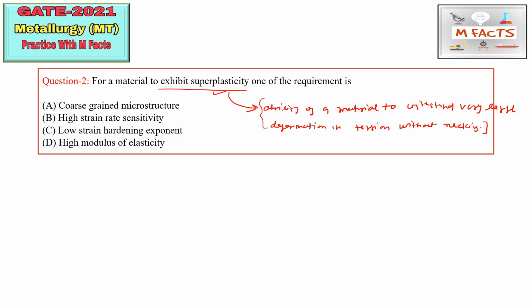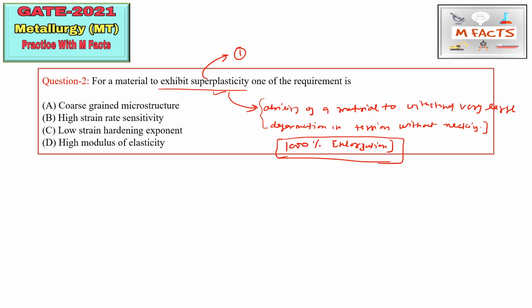In this case, 1000% elongation takes place. You should remember these points about superplasticity, because they are very important and you may get a 1 mark question from this topic. If you remember these points, that will be beneficial for your exams.